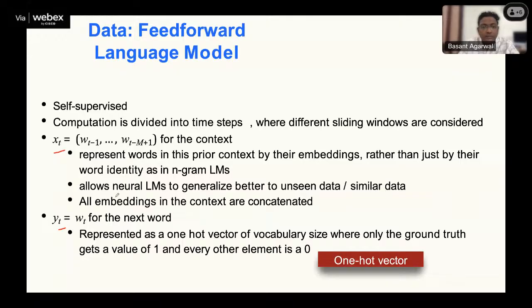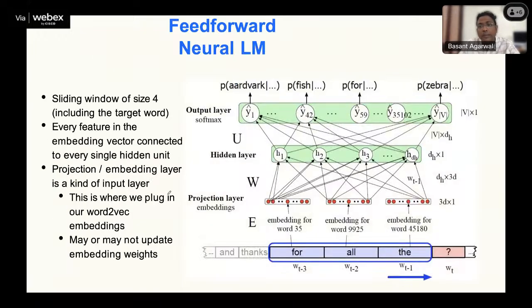It is quite obvious that this embedding already has semantic information in it, so it should work better than the methods we have already seen. So this is an architecture of language modeling using a neural network.